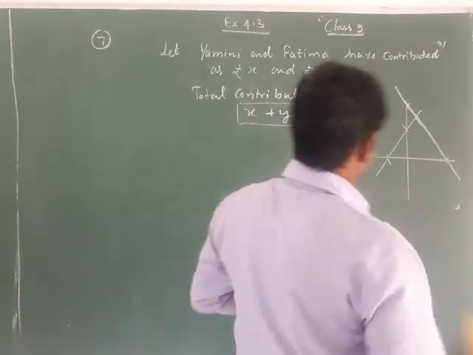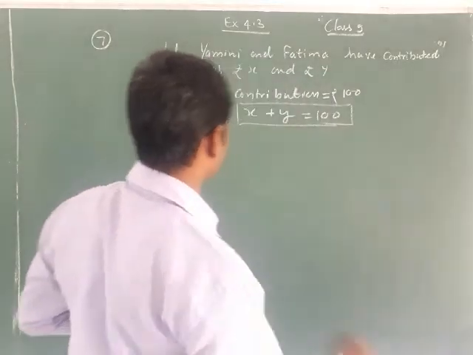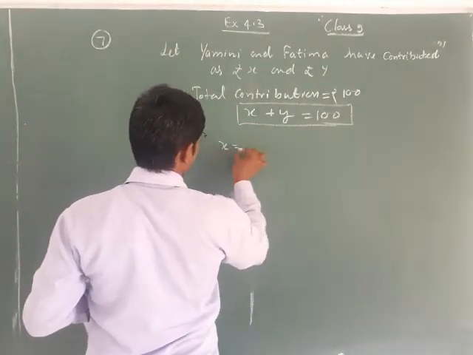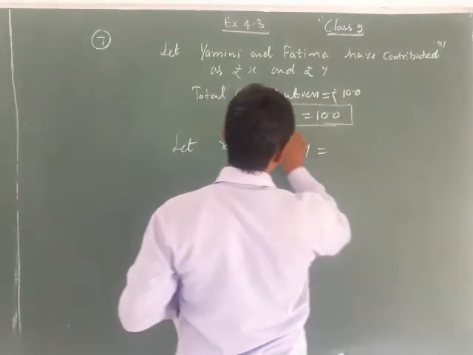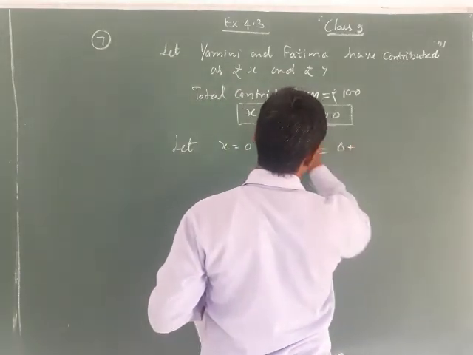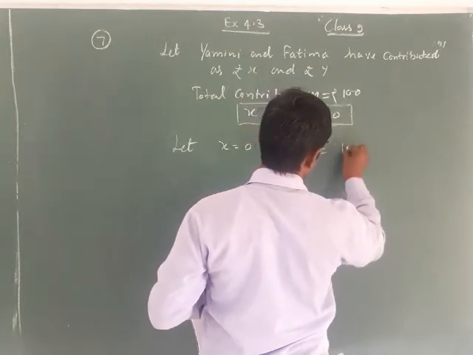Now we find the points. Let x is equal to 0, then 0 plus y is equal to 100, so y is equal to 100.